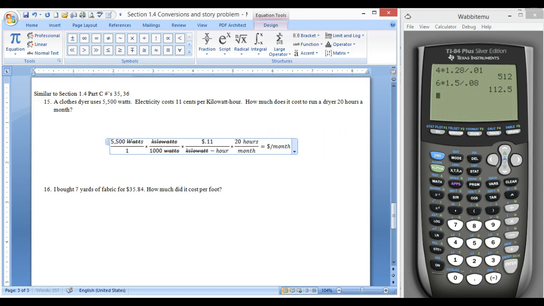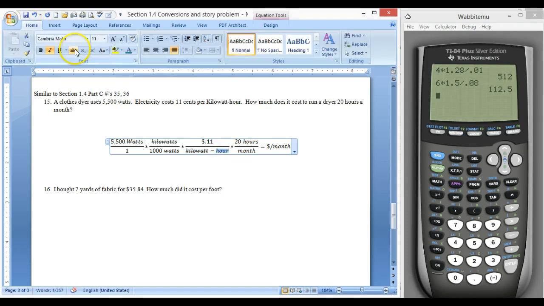I'm okay with it. Either way, you can put per month or not. But now I have hour on the top and the bottom, and the hours both cancel, and I'm left with the watts canceled, the kilowatts canceled. I am left with dollars on the top, which is just what I wanted. And I could put per month, so let's go ahead and put it on there. It doesn't really matter on this one.